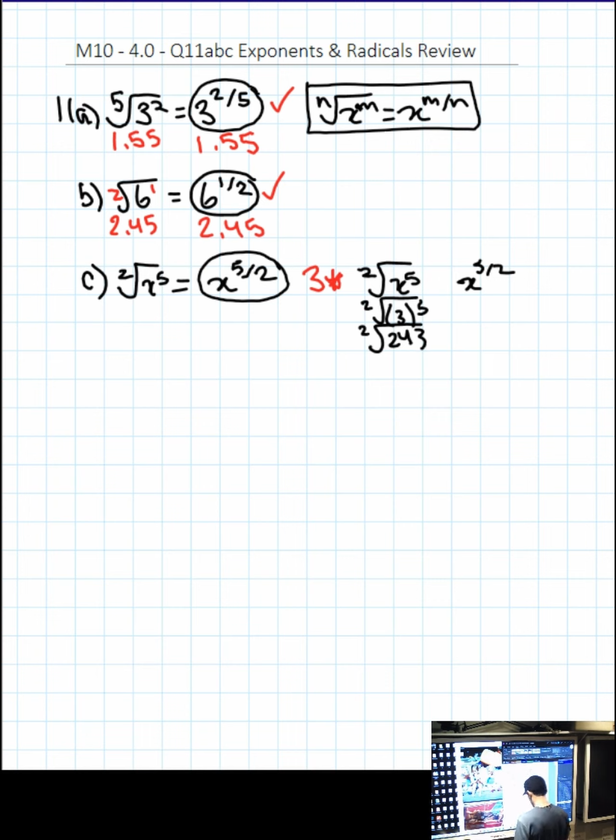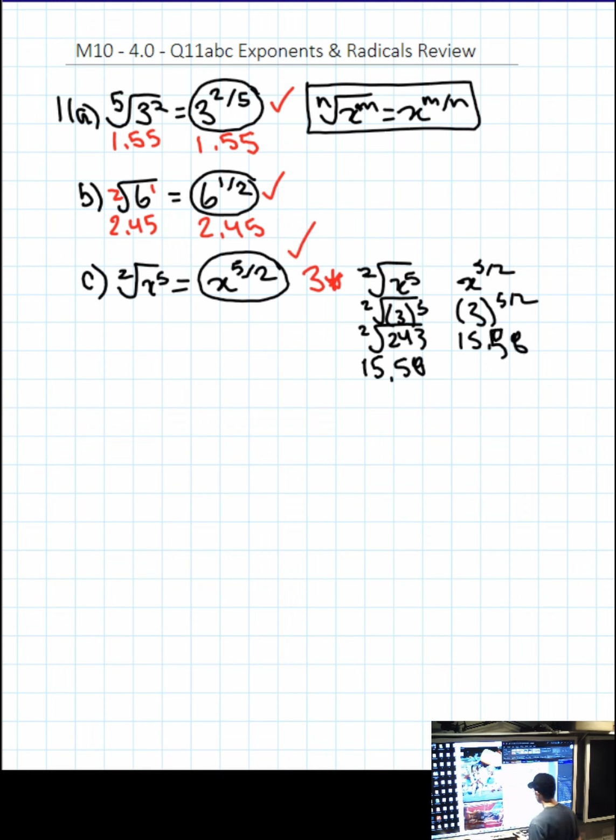And the square root of that is 15.58. And then if we type in the answer, we're going to get 3 to the 5 over 2. And 3 to the exponent 5 over 2 is also 15.58. Therefore, we know our answer is correct.